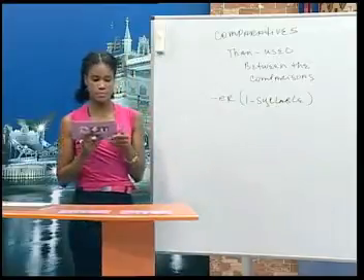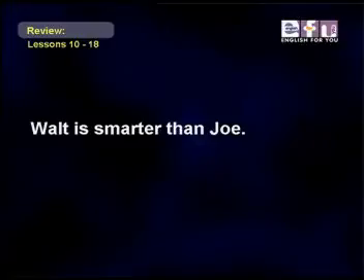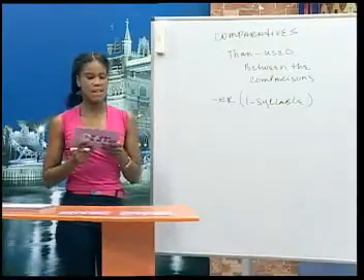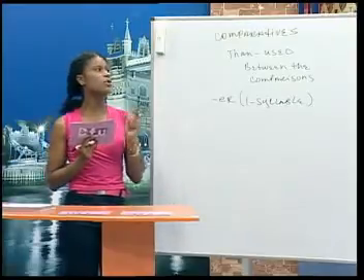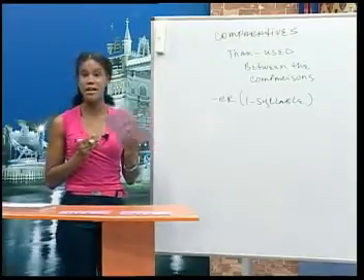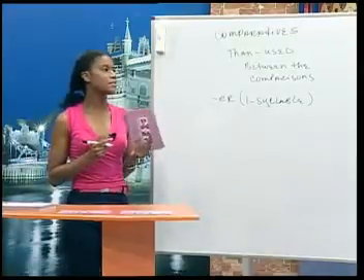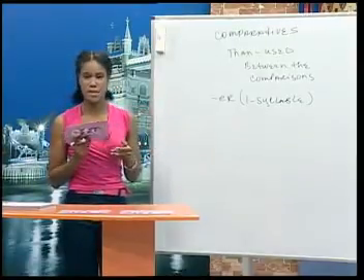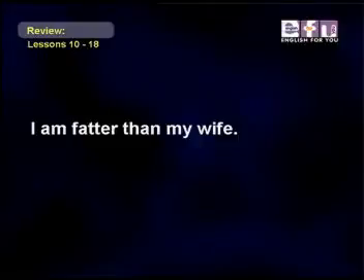For example, Walt is smarter than Joe. Now for some one-syllable adjectives, when it's a very short word that ends in a vowel and a consonant, the final consonant is doubled. For example, I am fatter than my wife. So we use two T's.